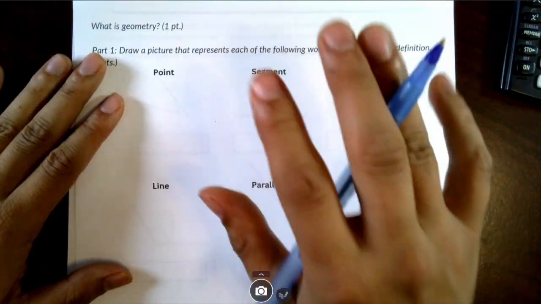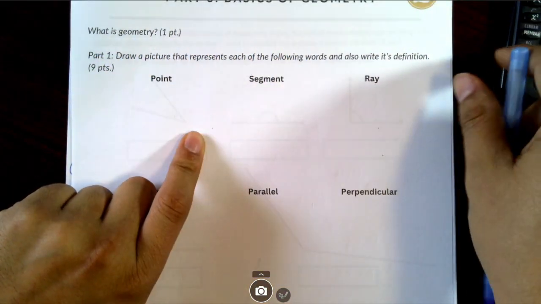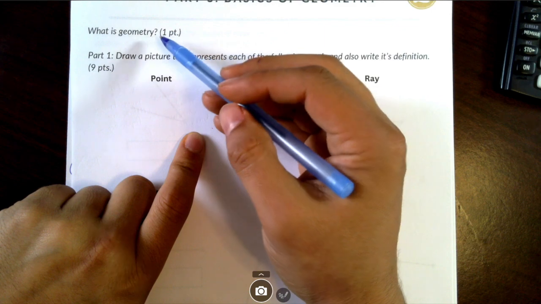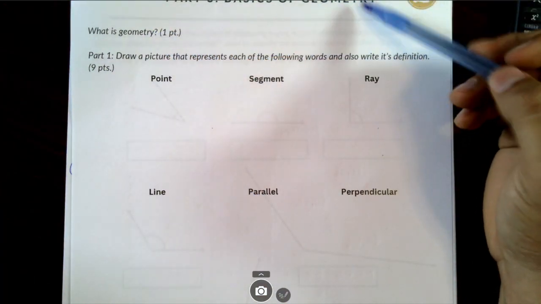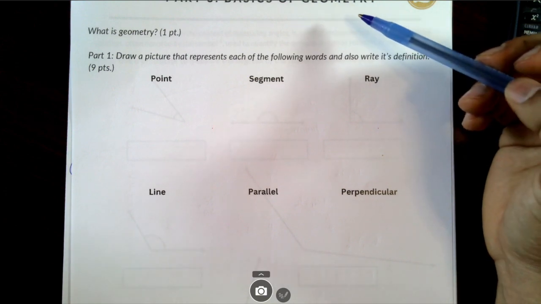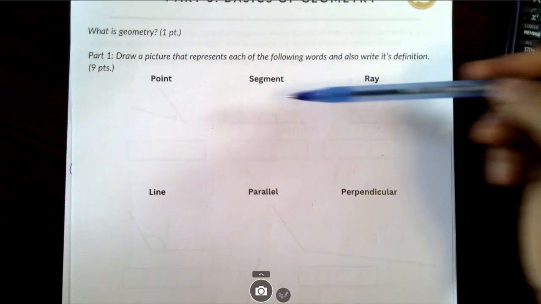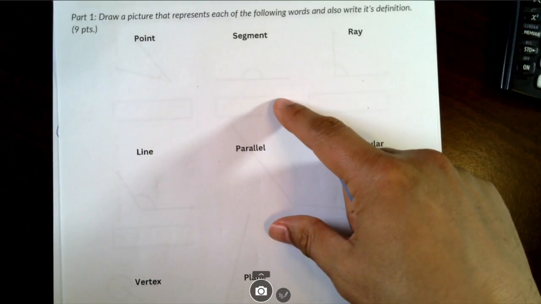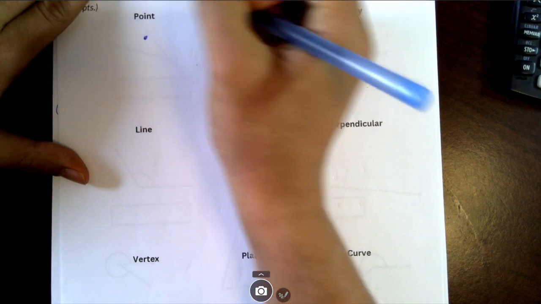So part 3. What is geometry? I'm going to let you answer that on your own. I want you to think about that, because we've already talked a lot about geometry in our first week. But there are a couple of vocabulary words that I want you to know. We know what a point is.